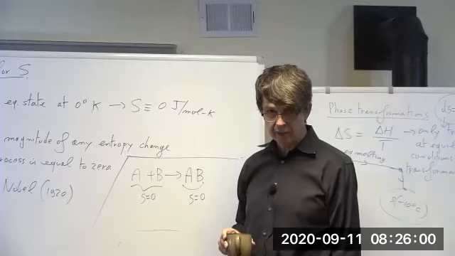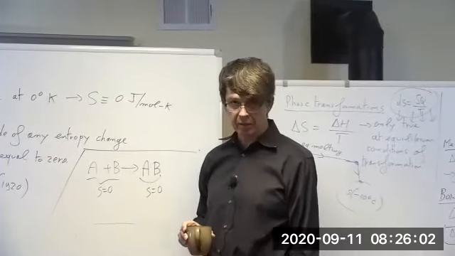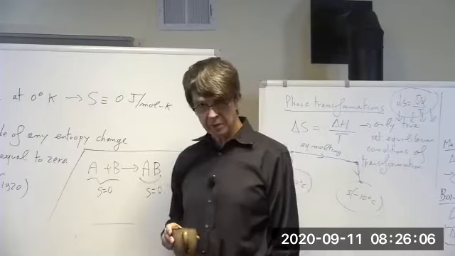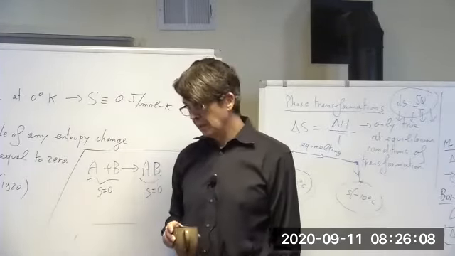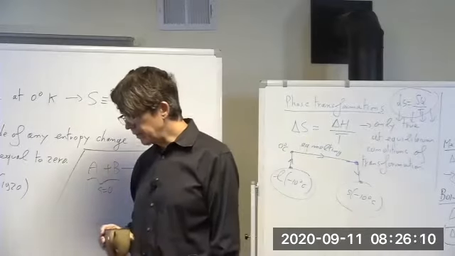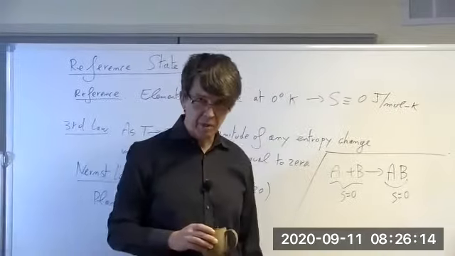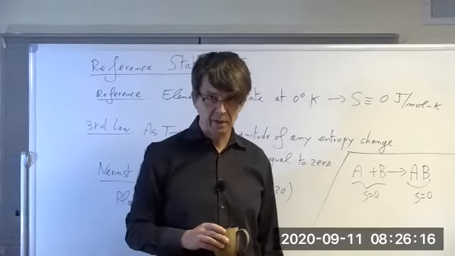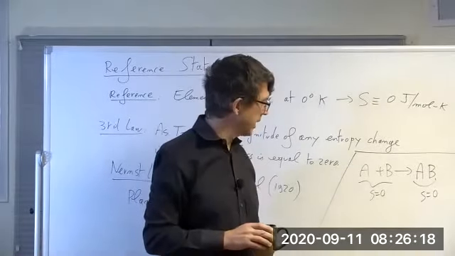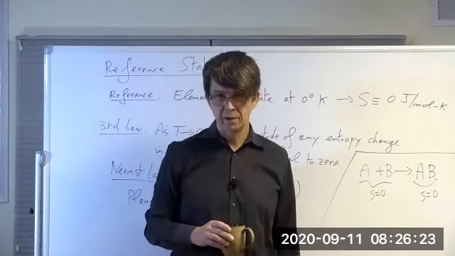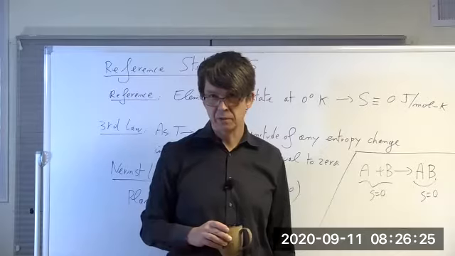So if a material is not in its equilibrium state at zero, which may be a little tricky to define, its entropy isn't necessarily zero. You will read slight modifications of this in books, and some of them are not quite correct, but it's out of hair splitting. Some people will say the entropy of perfect crystalline solids at 0 Kelvin is zero.